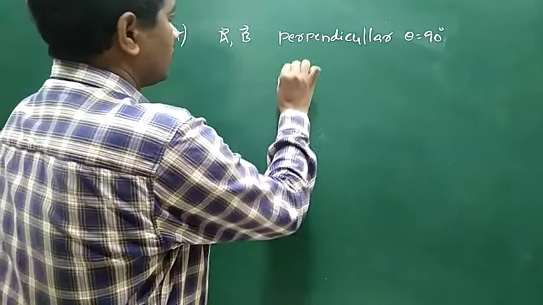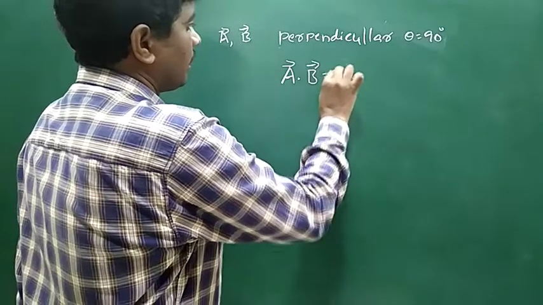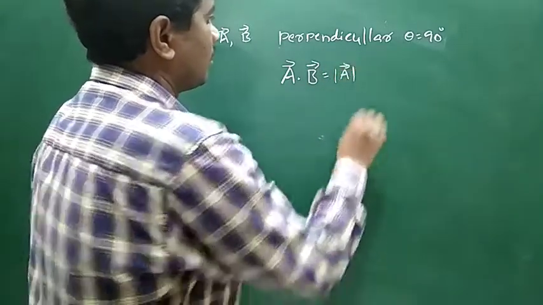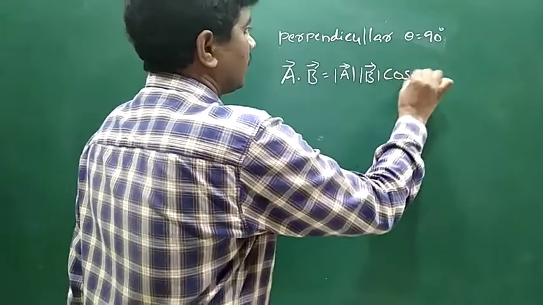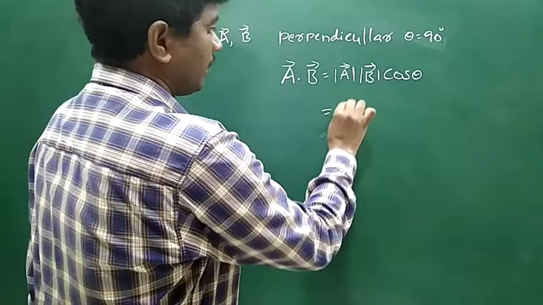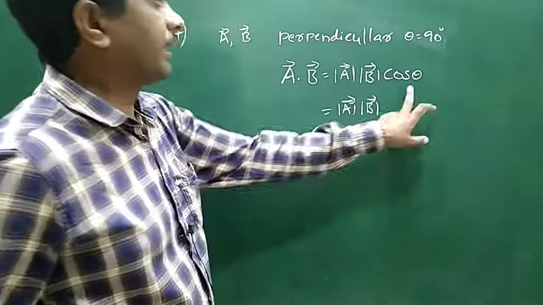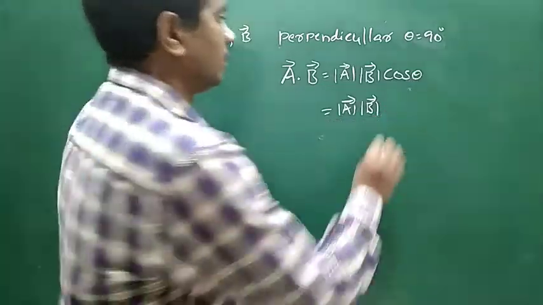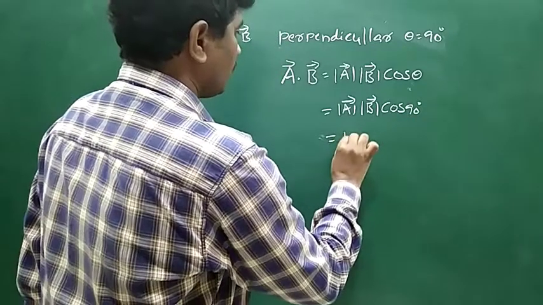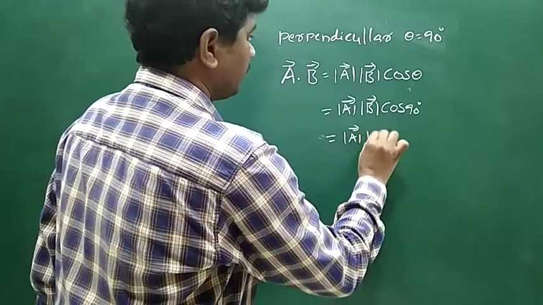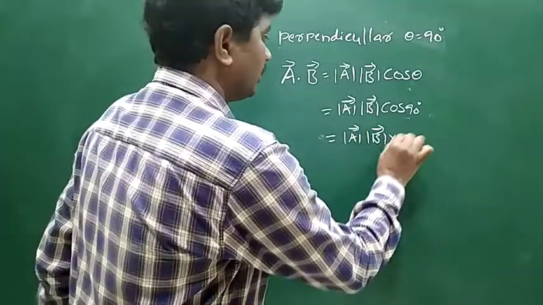Therefore the dot product A bar dot B bar equals mod A bar mod B bar cos theta. Substituting theta equal to 90 degrees, mod A bar mod B bar cos 90 degrees, and cos 90 degrees equals 0.